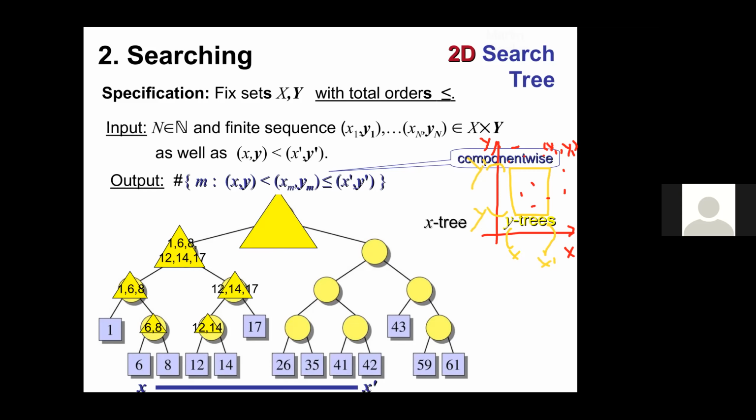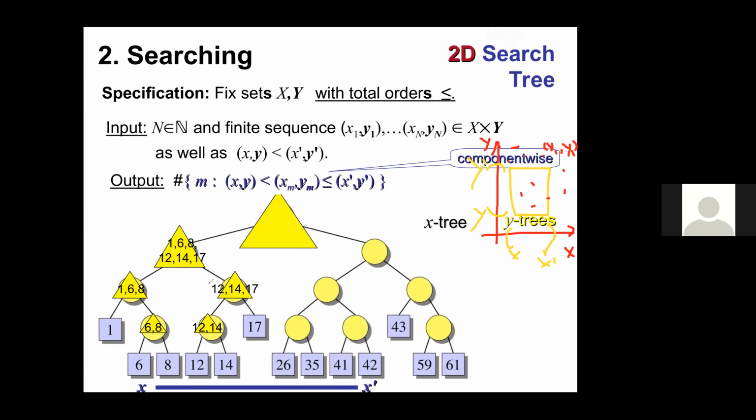You have a tree with respect to the x coordinate, and then for every node of this tree in the x coordinate, there is another tree, which is built with respect to the y coordinate. At the bottom you still have to record both coordinates, but the ordering of the x tree should be with regard to the x coordinates, and the ordering of the y trees, which sit at the nodes of the x tree, should be with regard to the y coordinates.